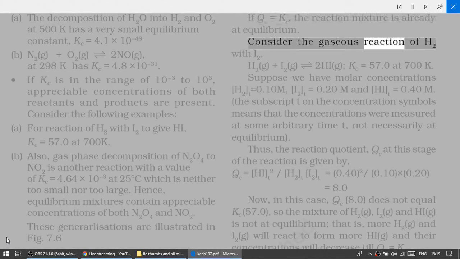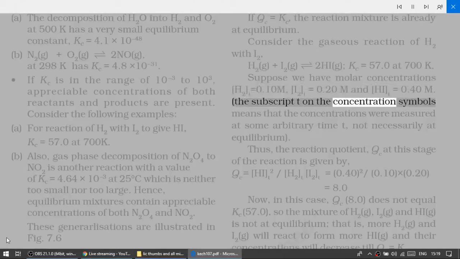Consider the gaseous reaction of H2 with I2: H2(g) + I2(g) ⇌ 2HI(g), Kc = 57.0 at 700 K. Suppose we have molar concentrations [H2]t = 0.10 M, [I2]t = 0.20 M and [HI]t = 0.40 M. The subscript t on the concentration symbols means that the concentrations were measured at some arbitrary time t, not necessarily at equilibrium.